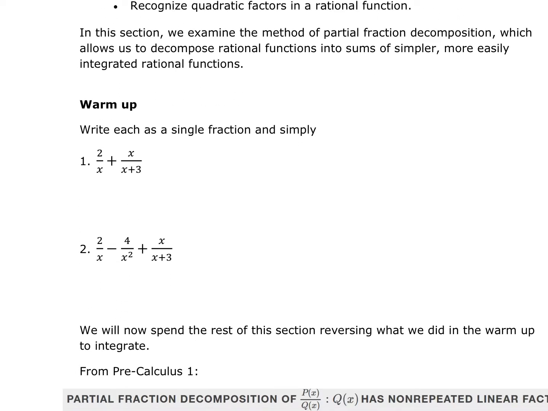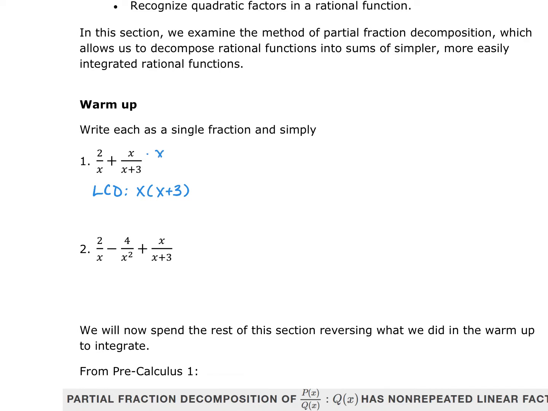So we're going to start with what we learned back in probably Algebra 1 or Algebra 2 in your high school math course. We're going to start by adding these three fractions by finding the lowest common denominator. The lowest common denominator for the first example is x multiplied by x plus 3.